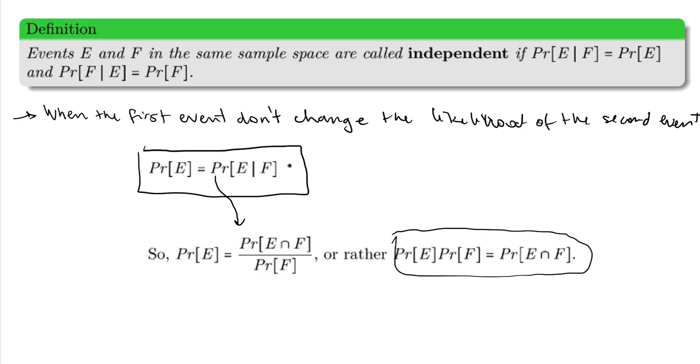I'm expanding this term here, and we know that E must happen together with F, because F happened first and I'm interested in E happening. So both have to happen, but I have to normalize by whatever comes first. So in the end of the day, the original probability is equal to the formula of the conditional. If you pass this term multiplying to the left, you will see that this condition holds for independent events.